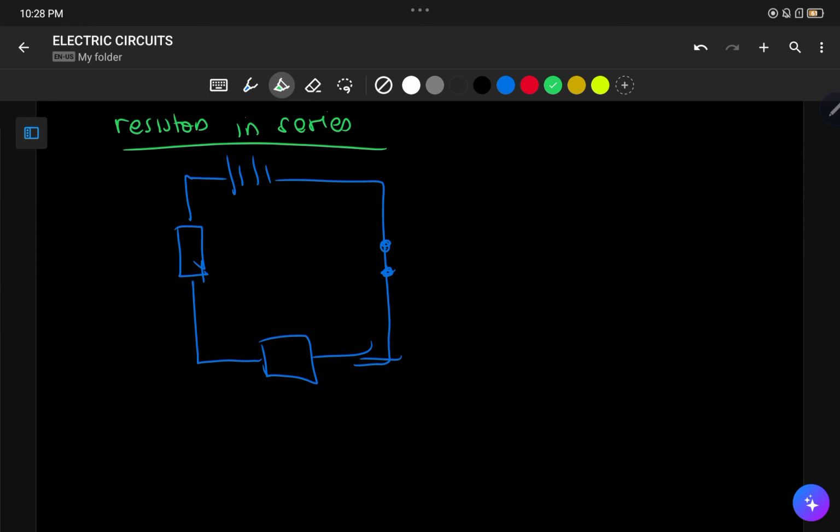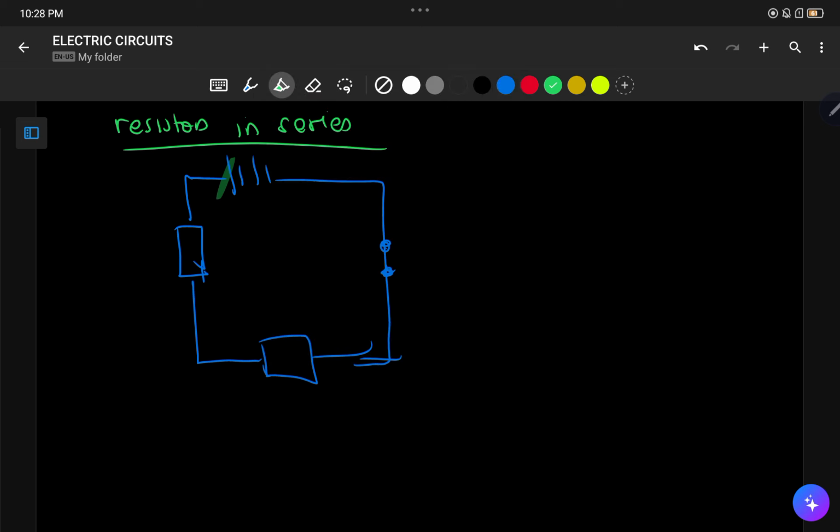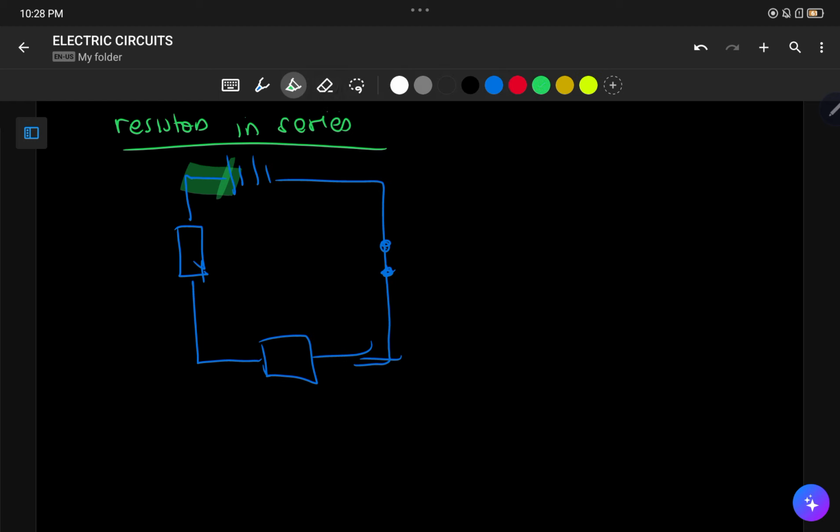So when you're flowing from the positive terminal of the battery, when they say that resistors are in series, they are referring to the fact that they are flowing in one pathway.